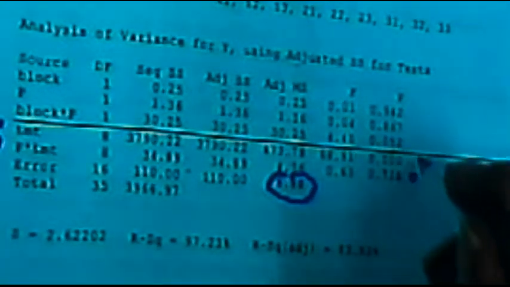So then we go on to test for this new variable treatment, and its denominator is this error here, and it gives me a huge F statistic and a very significant F. So the treatment variable is very significant.